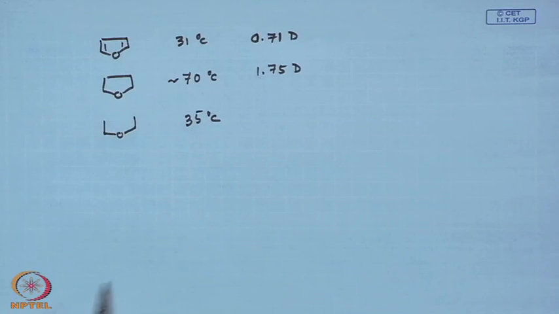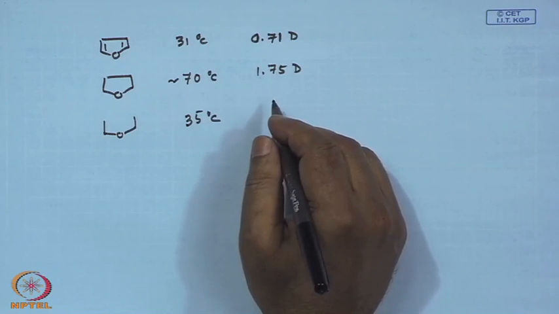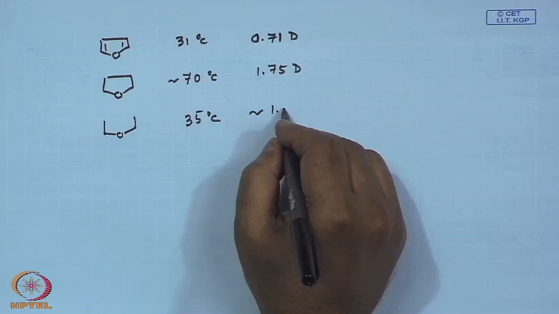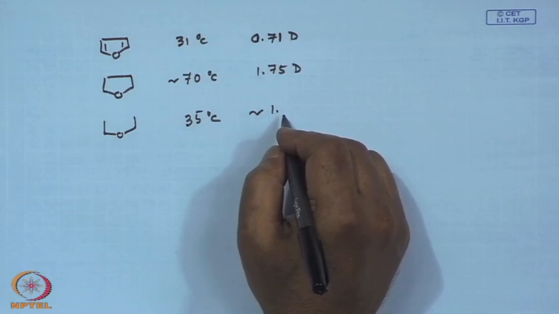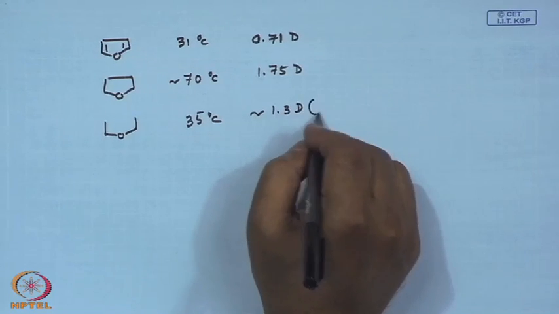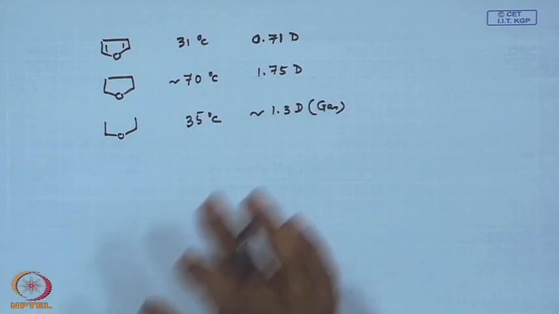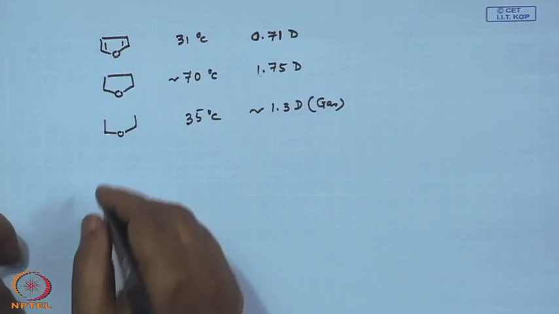So, why has the boiling point decreased? This is a clear case of dipole moment. In fact, sorry, I do not have the dipole moment for this. I used to have it, a gas phase dipole moment. I do not remember exactly, but I can tell you it is definitely less than 1.75. Let us say 1.3 maybe, and this is just a guess, and this is gas phase. You just look it up on Google, you will see the dipole moment is lesser than this one.